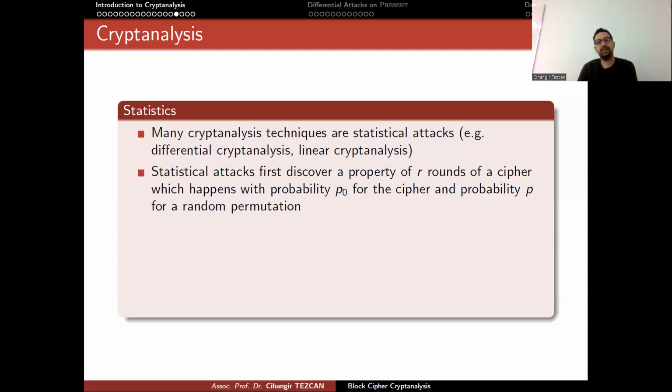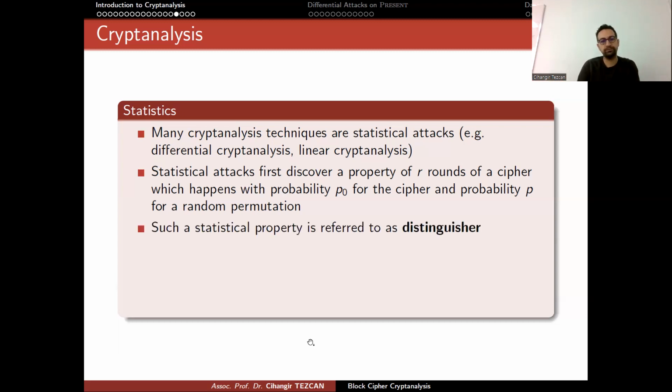Statistical attacks first discover a property of R rounds of a cipher, which happens with probability P0 for the cipher and probability P for a random permutation. So this is the place where you distinguish the cipher from a random permutation. But finding a distinguisher for the whole cipher is not that easy. This is why you try to find it for the reduced version of it, and then you use that distinguisher to attack the full cipher or more rounds.